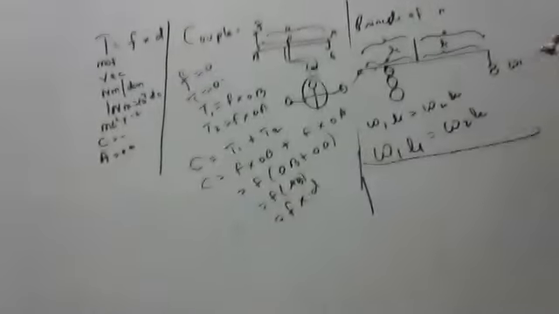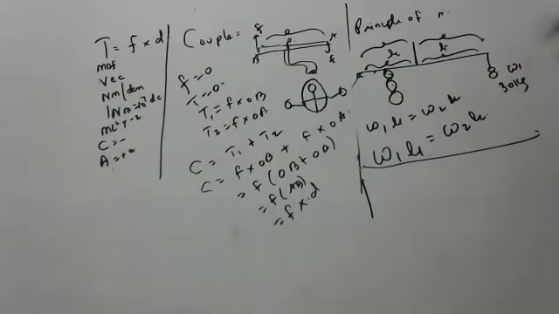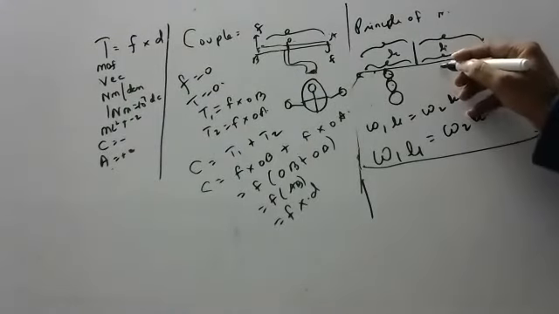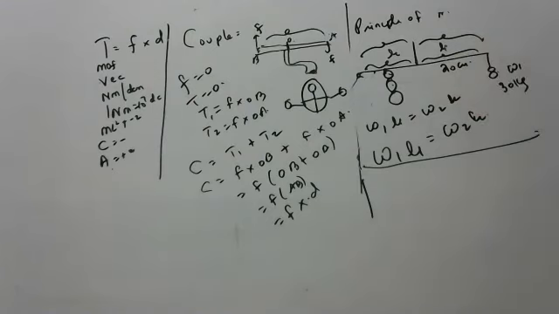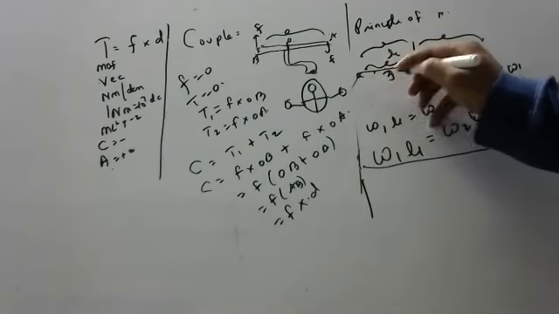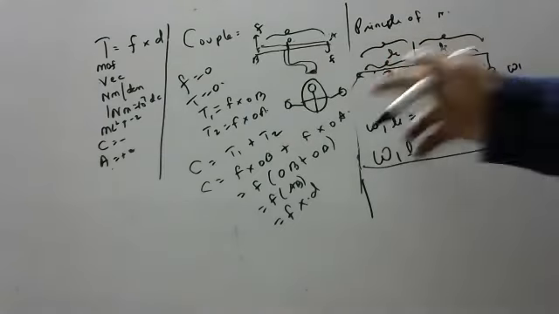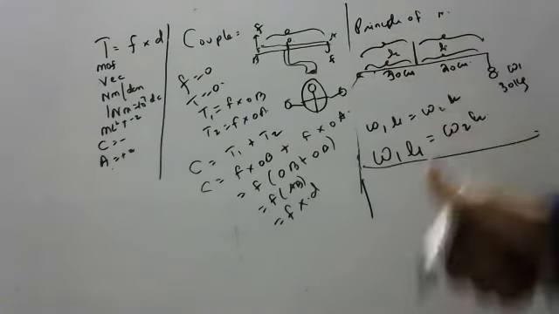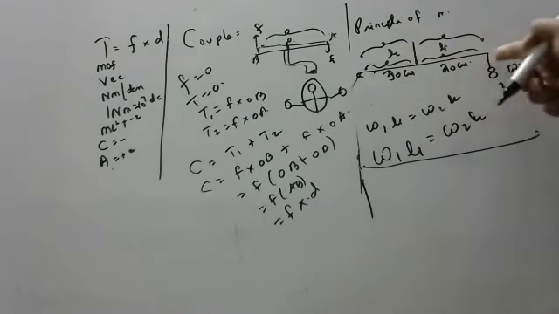Suppose here 30 kg is attached at a distance of 20 centimeters. And here at 30 centimeters, I want to put something. How much weight should I put so that the whole scale will be in equilibrium? That is my question.